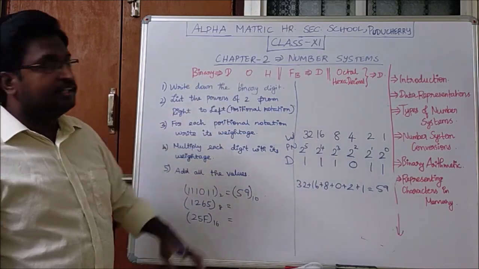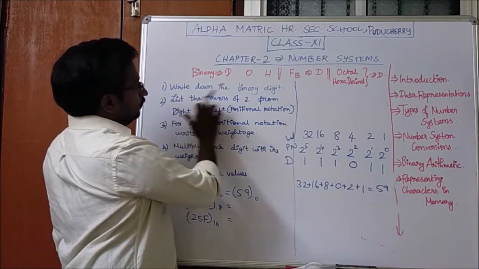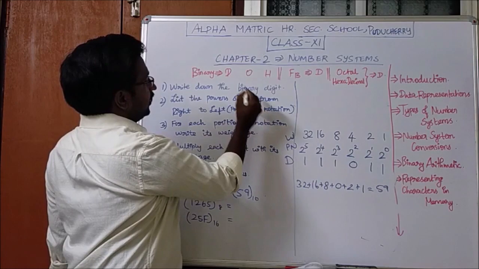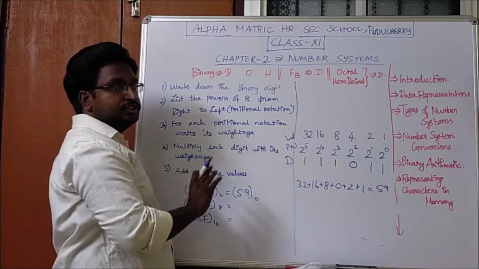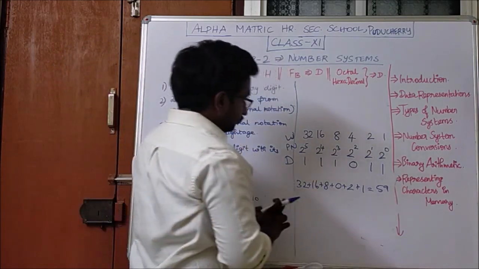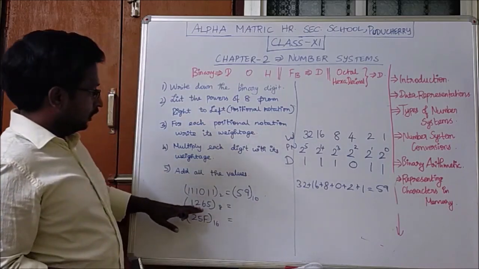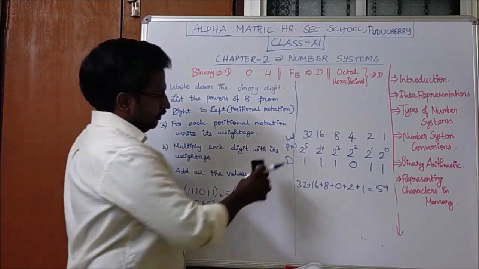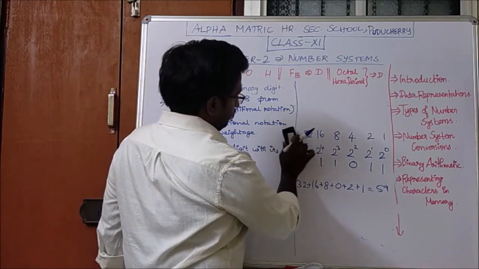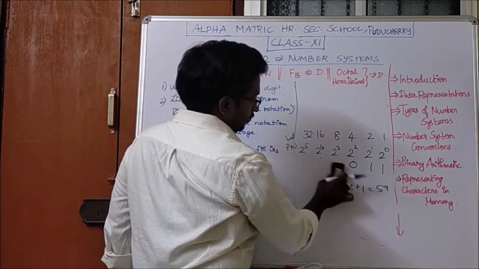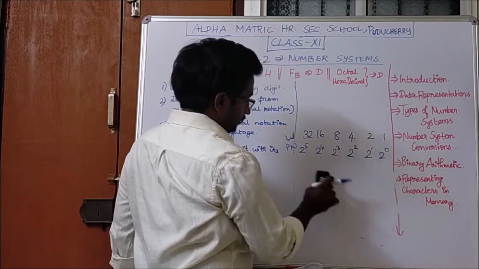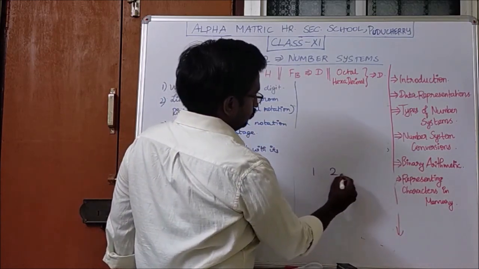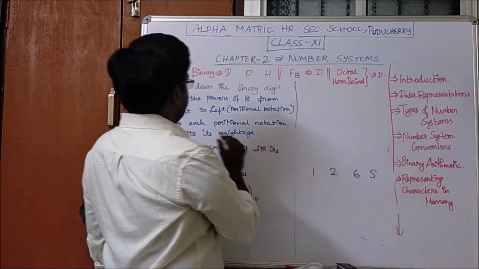Similarly, the octal and hexadecimal. Here, for the octal, the base value is 8, so the power of 8. That is the only change we have to make. For the octal number 1265, I am going to write the digits first: 1, 2, 6, 5.